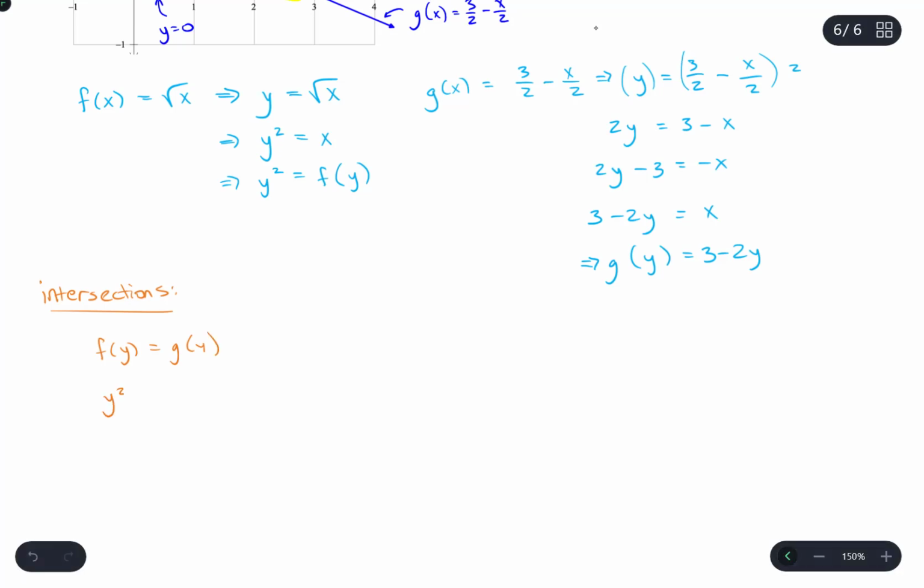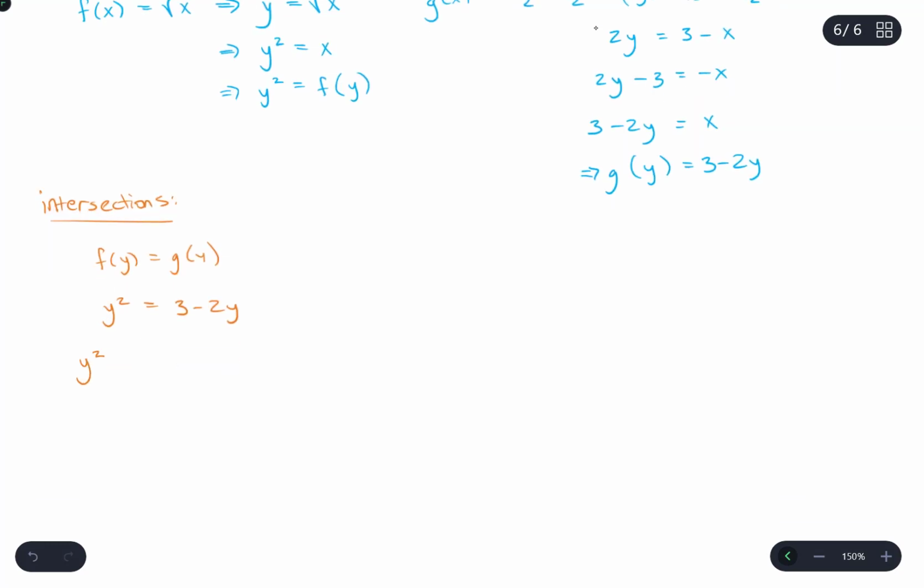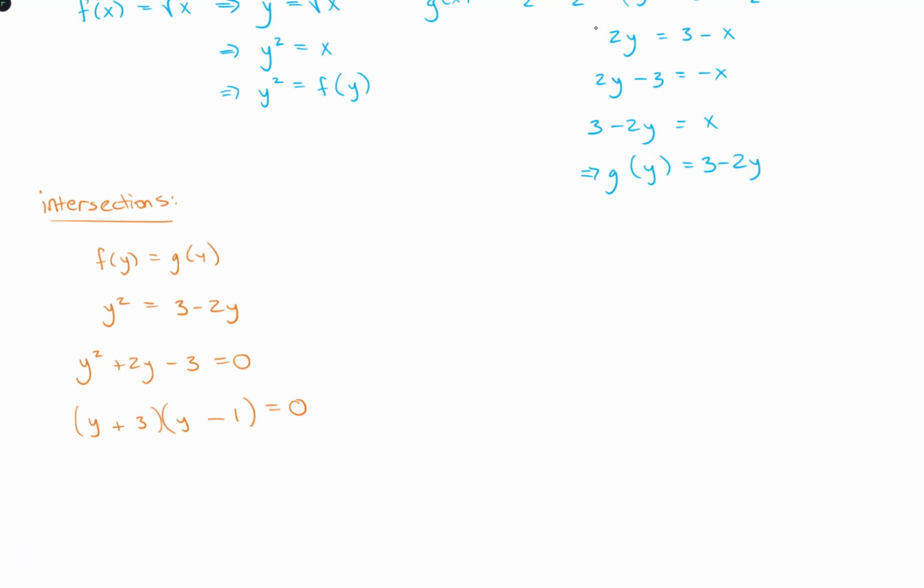So y squared equal to 3 minus 2y. If I solve this, I would have y squared plus 2y minus 3 equals 0. Or y and y, this would be 3 and 1, positive 3, negative 1. That's the factorization there. So we have y equals -3 and y equals 1 as solutions here.